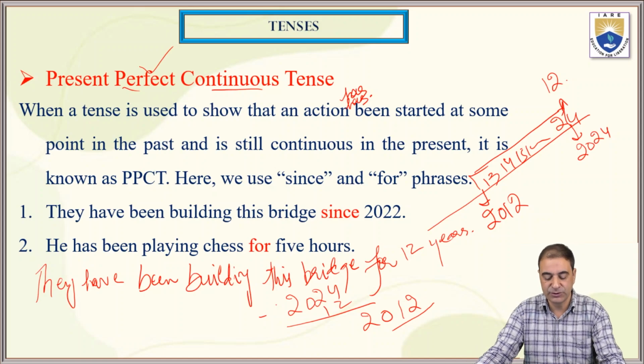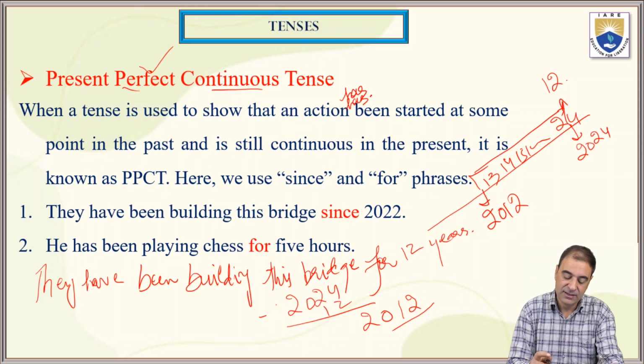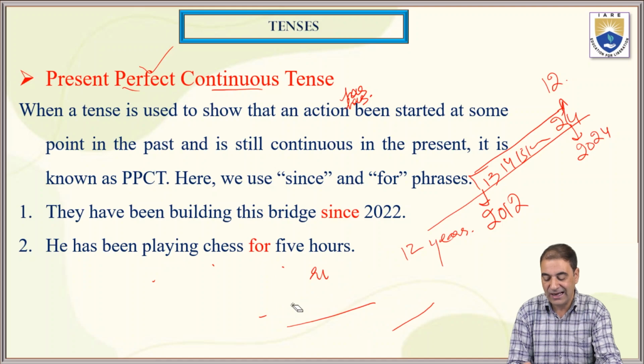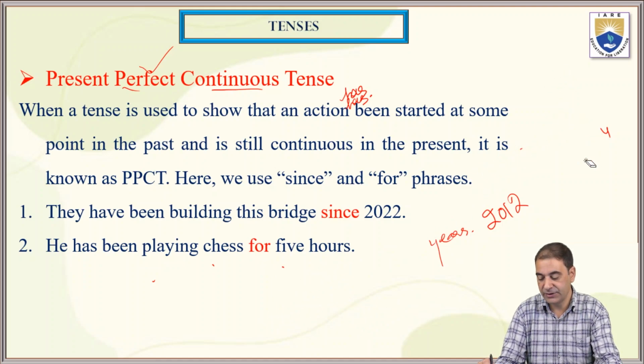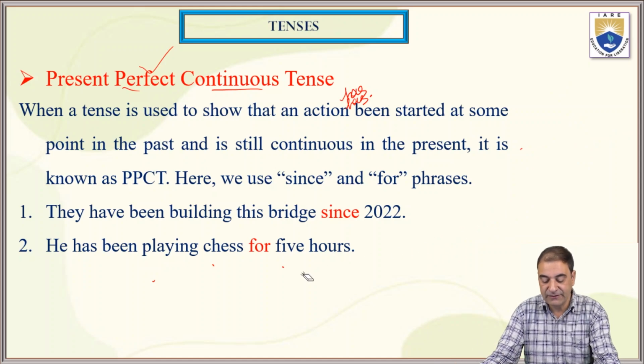Again, I just want to recapitulate this present perfect continuous tense. It tells us that an action has been started at some point in the past and is still continuous. Like here, if I write like this, they have been playing chess for 5 years, 5 hours.